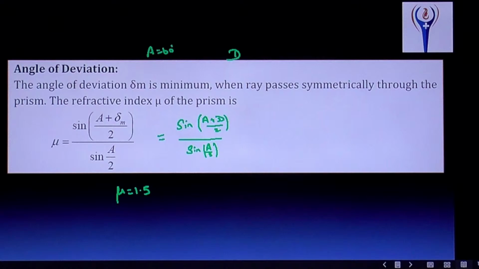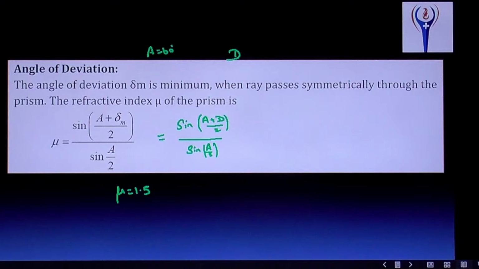The angle of deviation delta M is minimum when the ray passes symmetrically through the prism. For that, in the spectrometer we do some adjustment. The collimator is adjusted and light falls on the prism, and the prism position should be adjusted such that whatever the rotation of the prism table, light will move in the same direction, left or right.